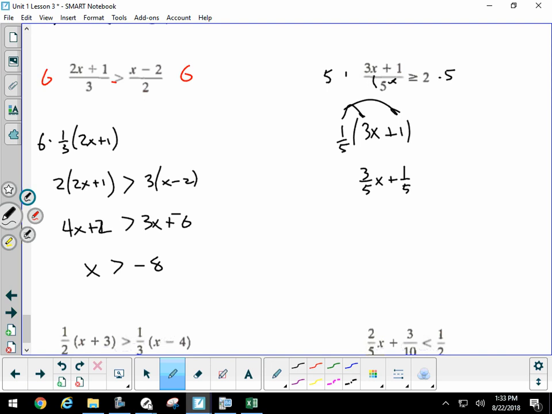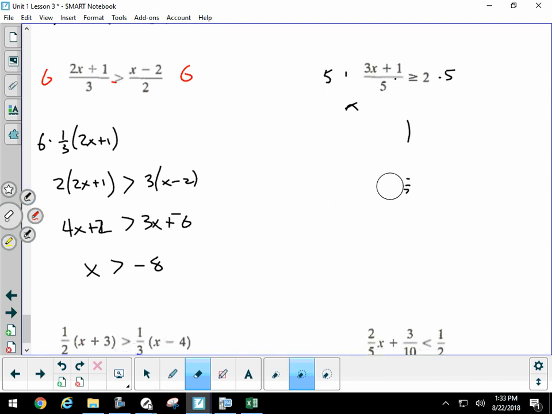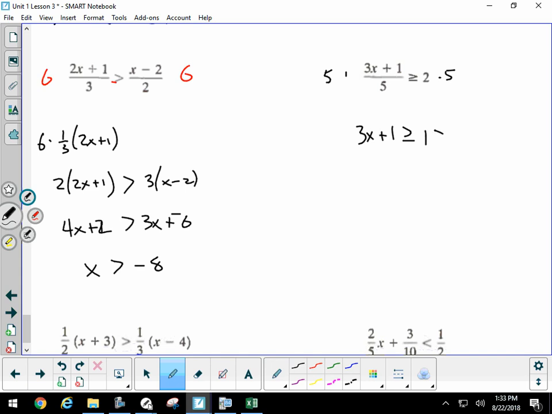You can do that and then subtract the 1/5. Best thing to do when you have a fraction like this is to just multiply both sides to get rid of this 5. Now I have 3x plus 1 is greater than or equal to 10. Now the 1 is freed up to be moved. I can add the opposite, and then divide or multiply by the reciprocal.